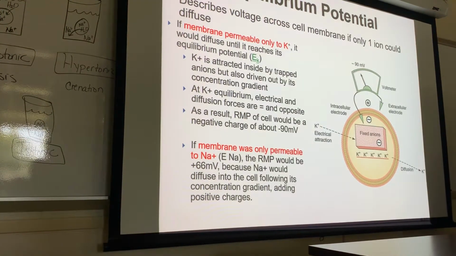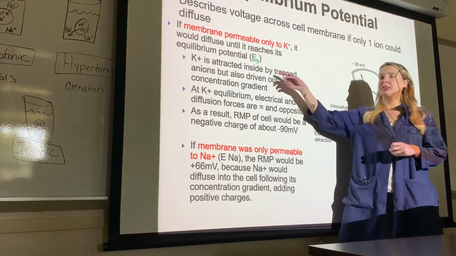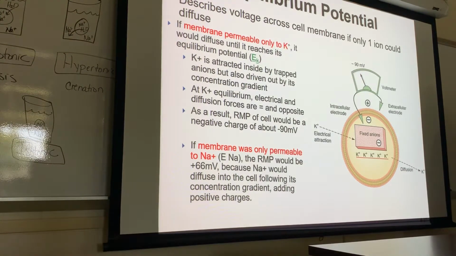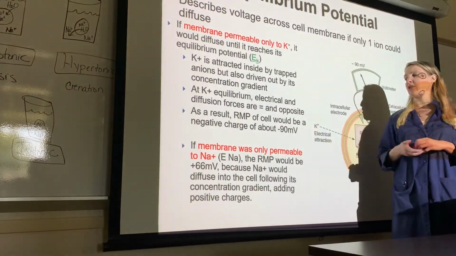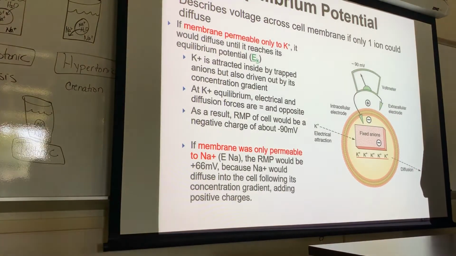And it would continue to do that until it reached its equilibrium potential, which is basically the point at which you're losing 1 potassium for every 1 potassium that is attracted into the cell by the anions, okay? At that point where we reached equilibrium, you would have a charge inside the cell of about -90 millivolts because we're losing more positive charges than we're gaining. So it's going to be very negative.